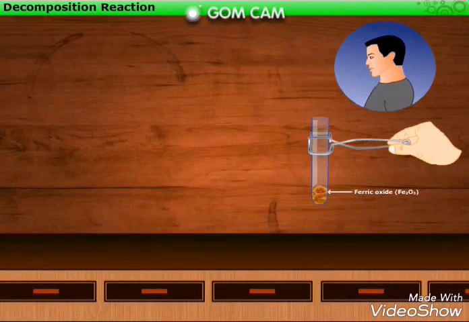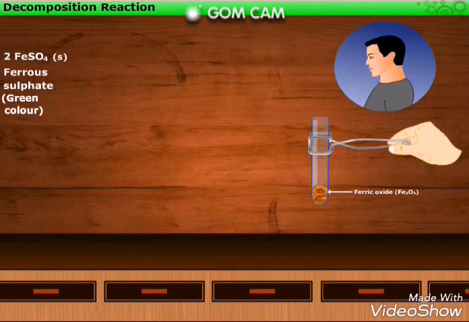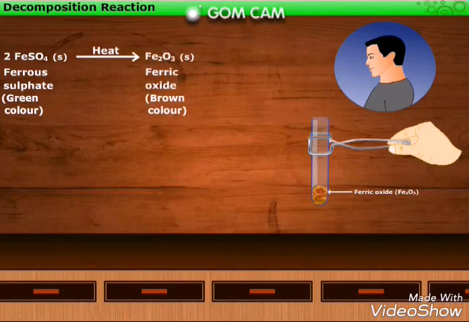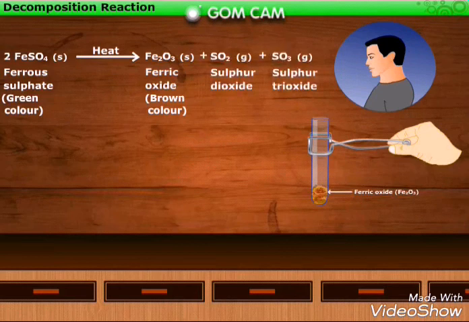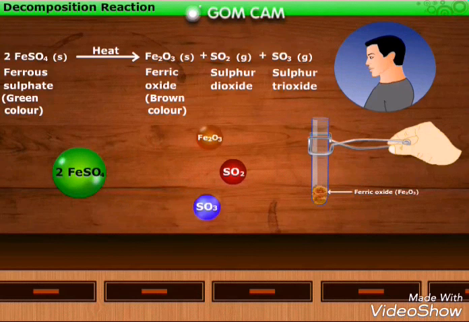The reaction is 2FeSO4, on heating, gives Fe2O3, that is, ferric oxide, plus SO2, plus SO3. Hence, ferrous sulfate, on heating, splits up into three substances: ferric oxide, sulfur dioxide, and sulfur trioxide. So, this is a decomposition reaction.